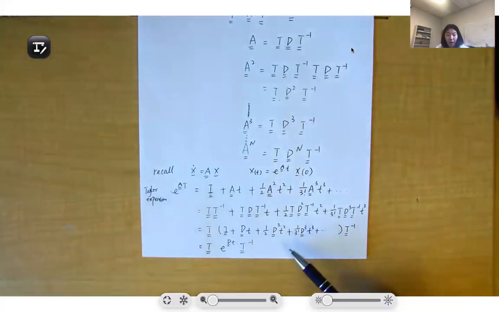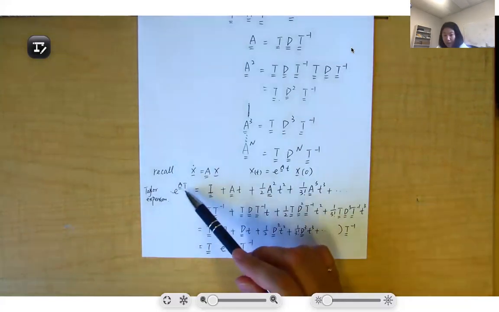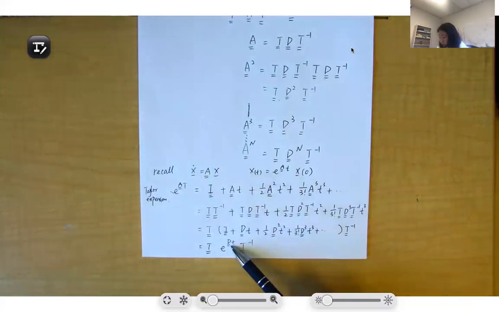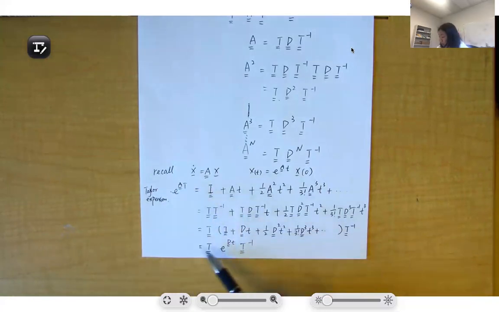So this is how the eigenvalue and eigenvector matrices can transform this coupled dynamics into uncoupled dynamics. So the e to the A t, if this is coupled, will be T times e to the D t times T inverse, and this T will be constructed with all the eigenvectors.